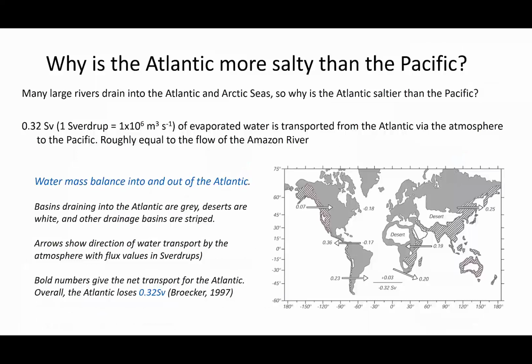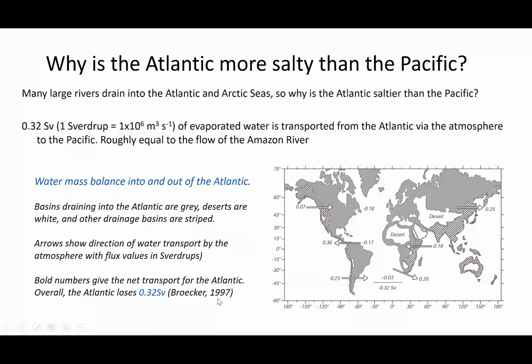So just returning to the question of why the Atlantic is more salty than the Pacific, and noting that there are many large rivers that flow into the basin, when you do the total water balance for the Atlantic Ocean and the river basins that flow into it, you find that there's a net transfer of water over into the Pacific and the Indian Ocean basins through the atmosphere.